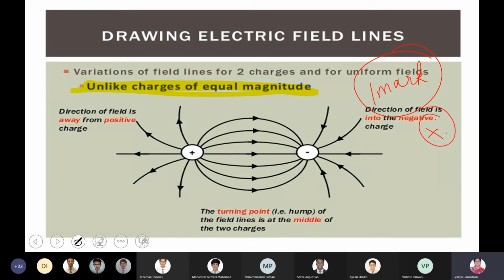These lines should be symmetrical. Arrows are very important. If you don't put the arrows, they'll cut the marks. So no need for these statements, only the heading, which I have highlighted, and the diagram. Now, this combination of unlike charges of equal magnitude, we call a dipole.